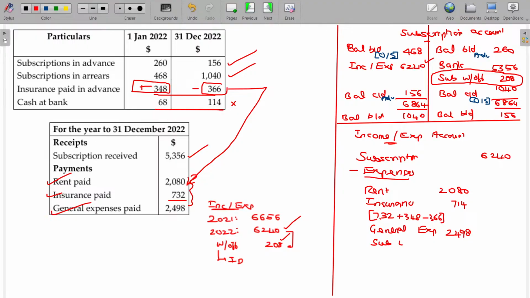Subscription written off, irrecoverable debt, is transferred to the expenses side of the income and expenditure account, just as in an income statement. This value is 208. Then the overall loss and expenses put together come to around 5,500. From the subscription income, subtract this, and the surplus for the period is 740. This is the surplus.